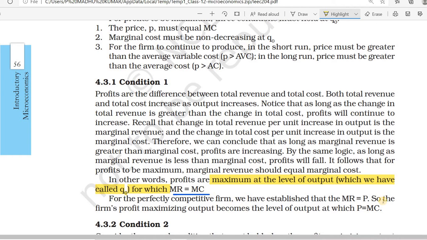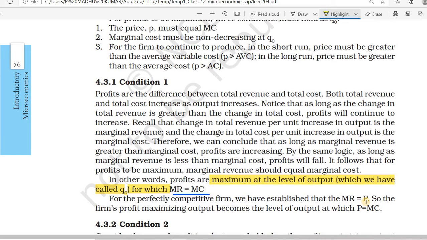For a perfectly competitive firm, we have established that MR equals price. So the firm's profit maximizing output becomes the level of output at which price equals marginal cost.